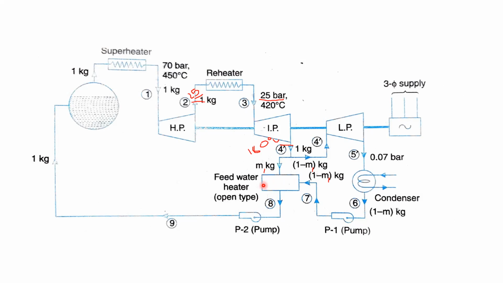For finding the mass quantity of steam taken from the intermediate turbine, you have to know the enthalpies at those positions. Before that, I am finding the enthalpies from the HS diagram. I am taking the enthalpies at states 1, 2, and 3, as well as 4, and all these, and noting them down.